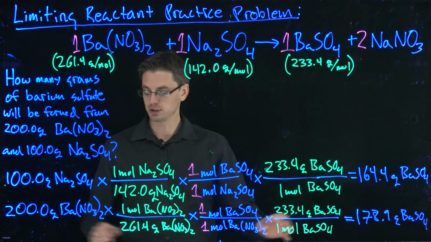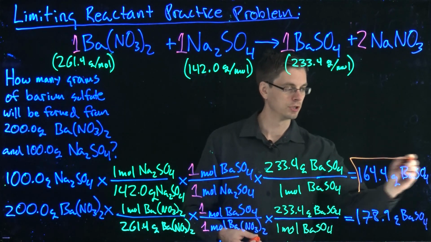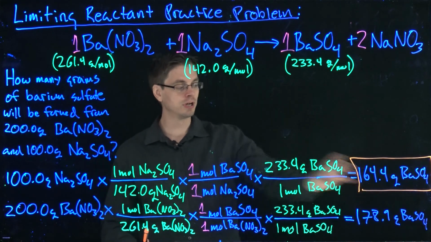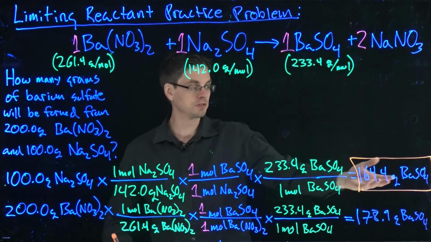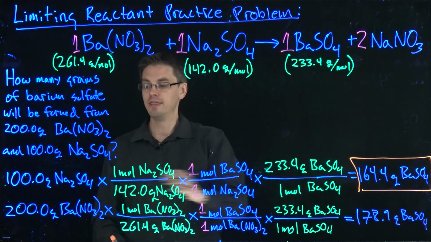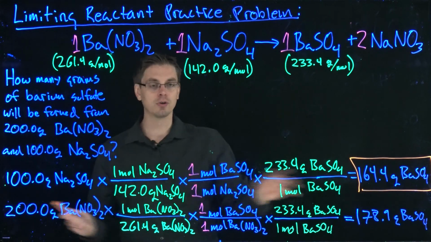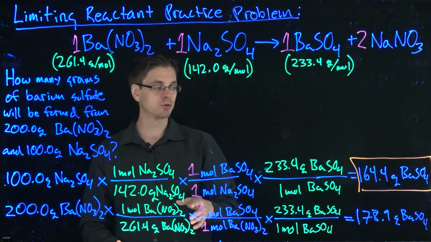So the final answer for this problem is going to be the smaller of the two. Because as soon as we have used up all 100 grams and formed about 165 grams of barium sulfate, there will be no more sodium sulfate left to carry on the reaction, and so the whole thing stops there, and then you will have some excess barium nitrate left over.